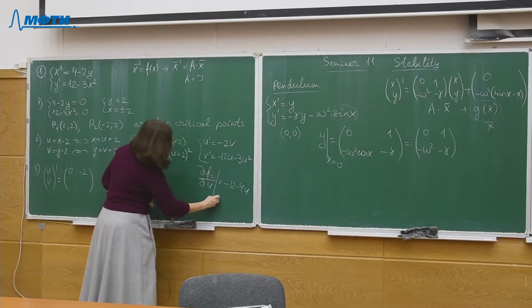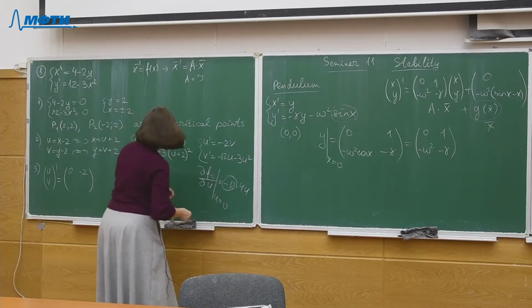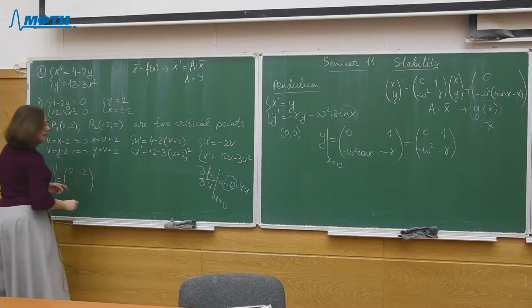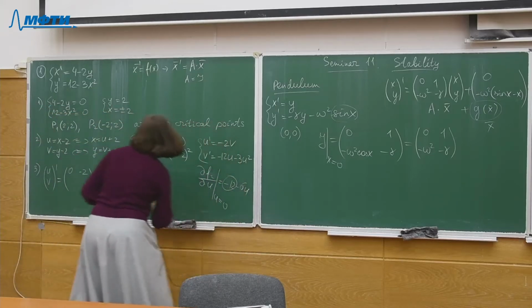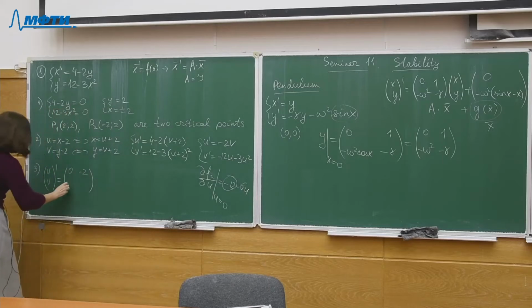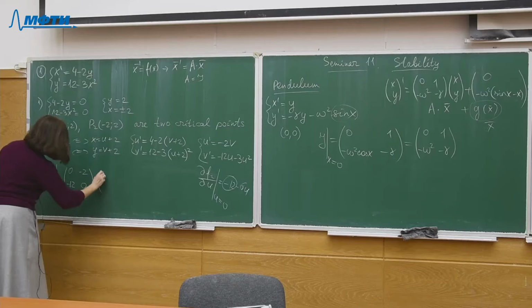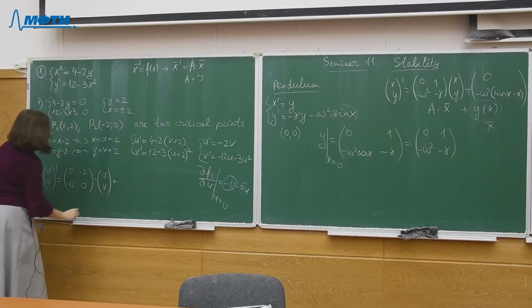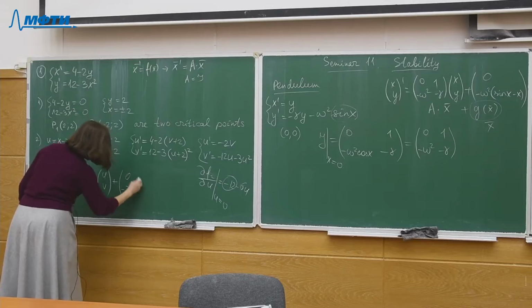But at the point u equals 0, it will equal minus 12. So it will be minus 12 and 0, and plus 0 and minus 3u squared.